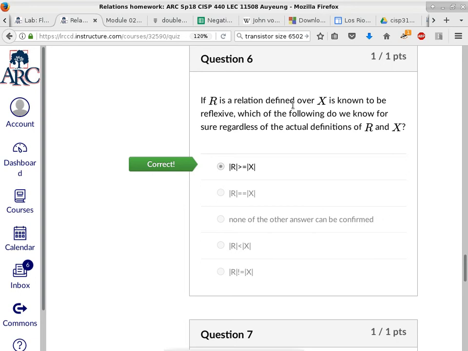So you know that there are at least as many elements in R as there are elements in X. So equal to and greater than or equal to are the only two choices left. Because less than cannot be, not equal to cannot be, because you can have a relation that is just reflexive. Yeah, just reflexive.